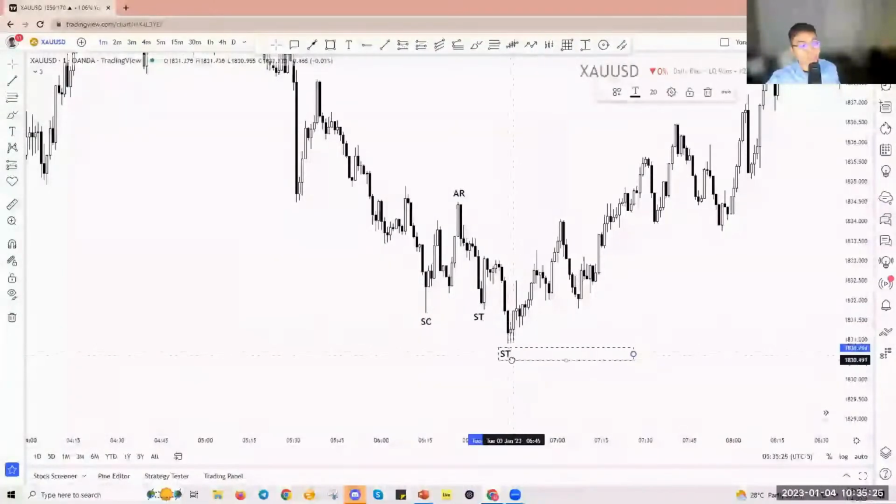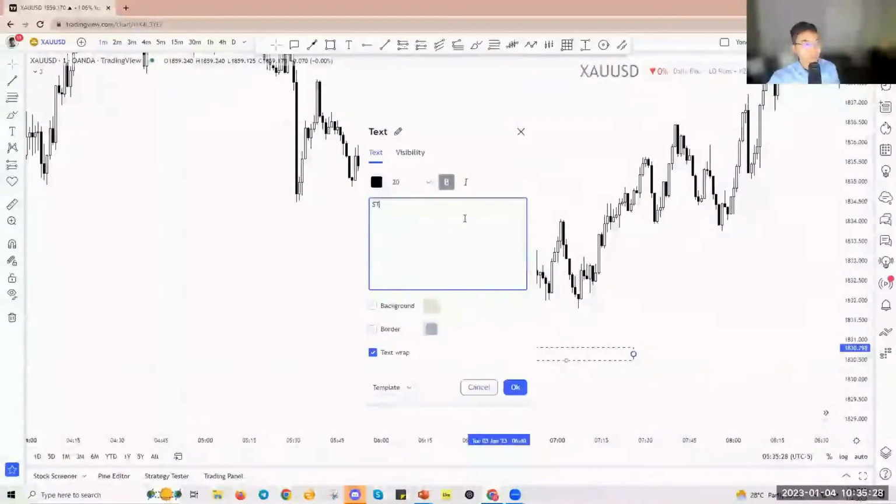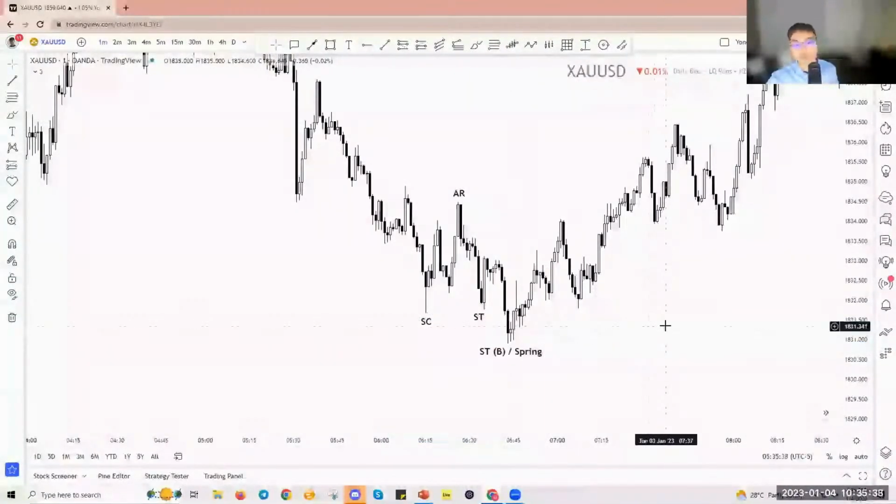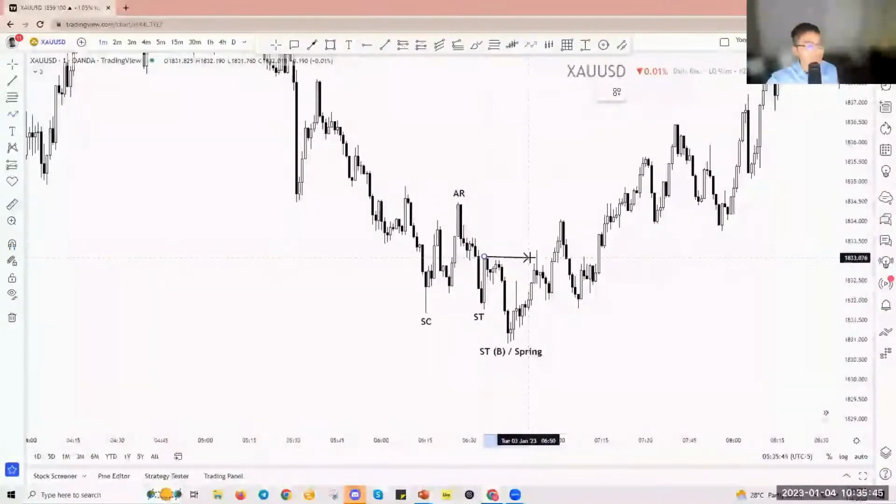And the problem with gold, I've traded gold before, is that the secondary test B and the spring most of the time share the same candle, the same area on gold. Next, price breaks the secondary test.